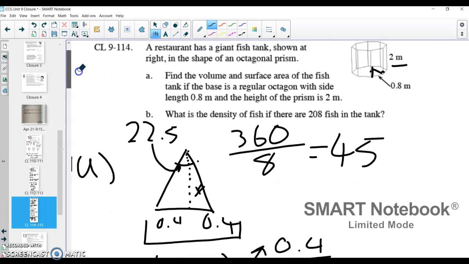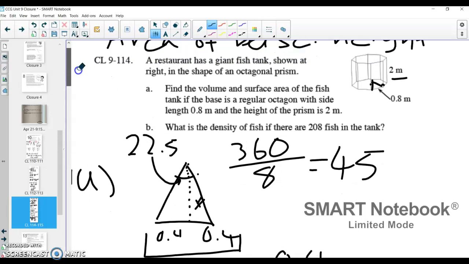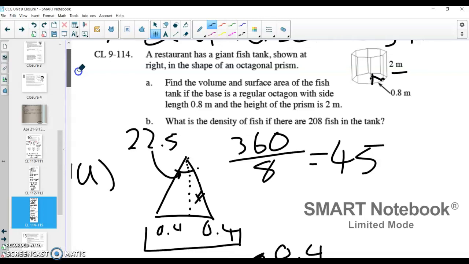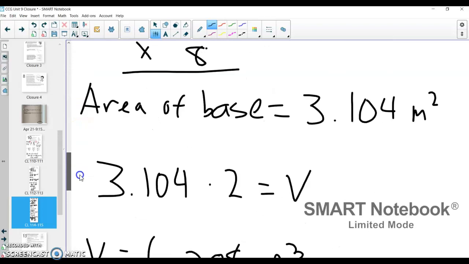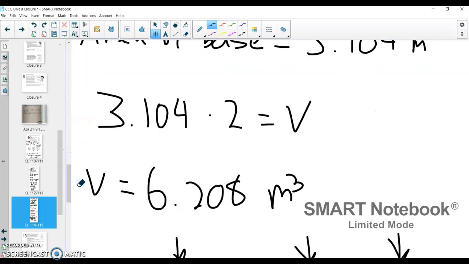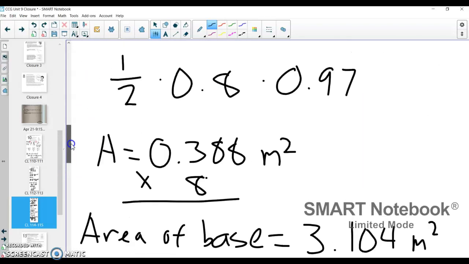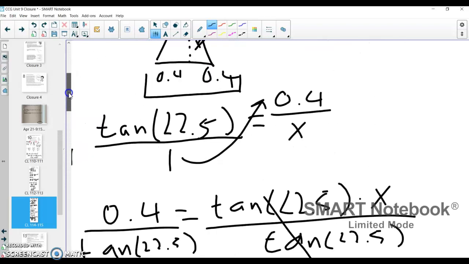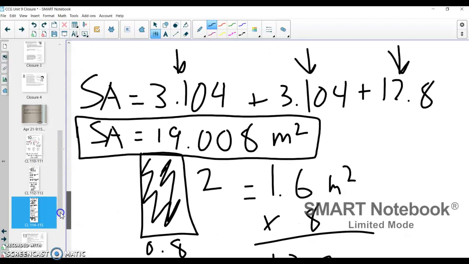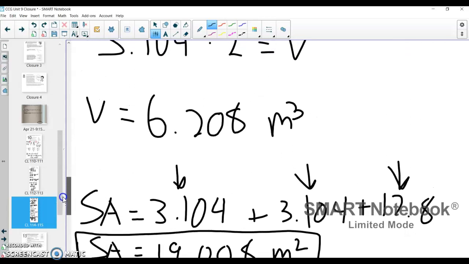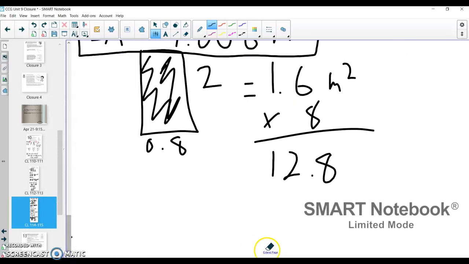All right. Last part here. It's just saying what is the density of the fish in the tank if there is 208 fish in there. And really all this is we need to take the number of fish and divide it by our volume here. And so we have our volume being 6.208 meters cubed.